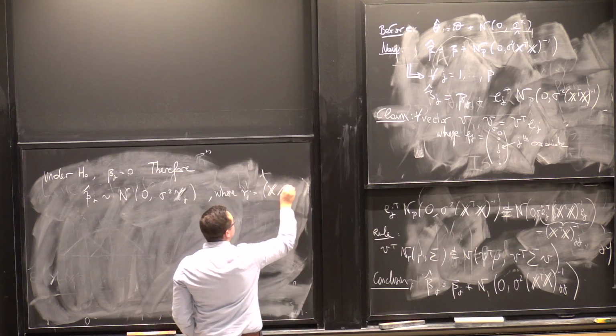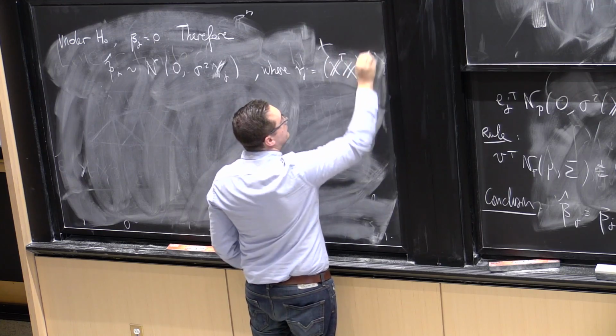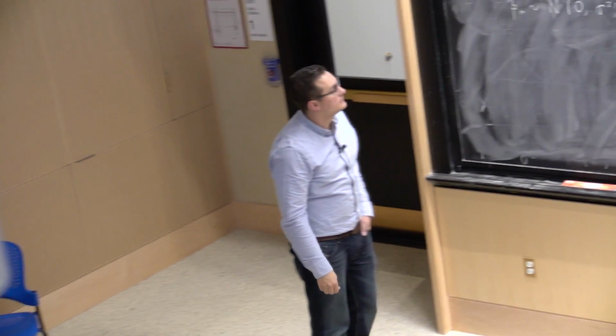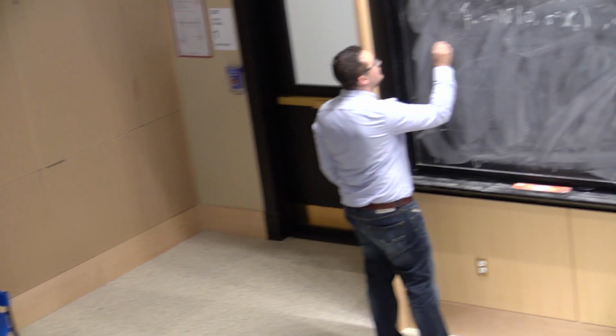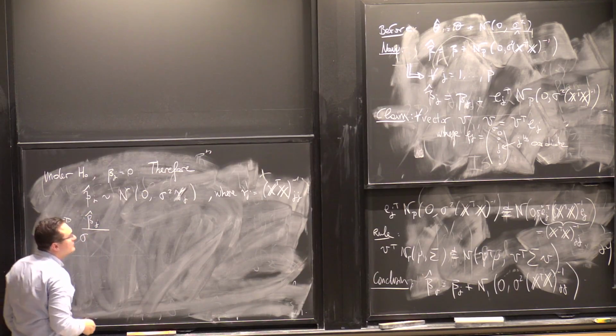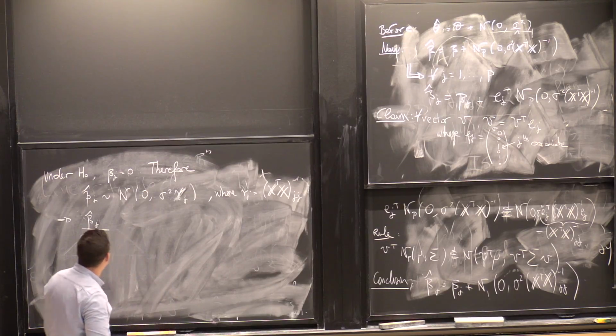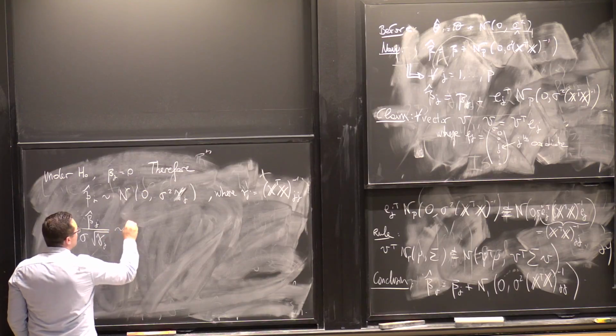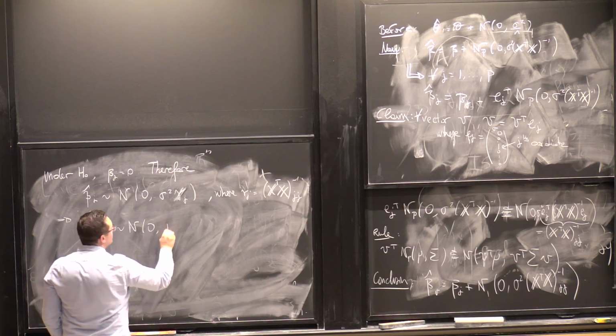So gamma j is the jth diagonal element of X transpose X inverse. OK? So that implies that beta hat j over sigma, oh, was it square root? Yeah. Beta hat j over sigma square root of gamma j follows some N(0,1).